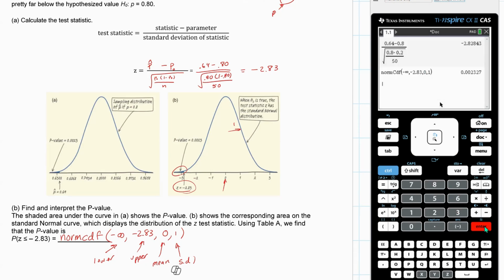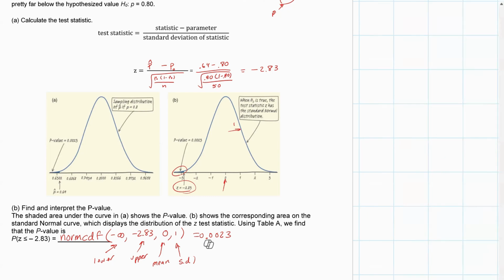So let's go ahead and hit enter, and we get that the p-value is 0.0023. And 4 decimal places is about where we will stop for our accuracy. 0.0023, certainly less than 1%, makes me suspicious that this person is not telling the truth.